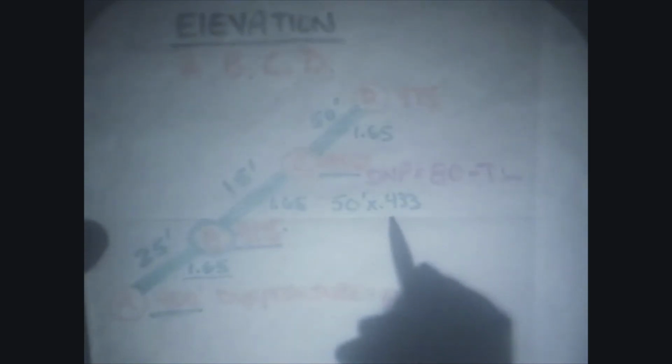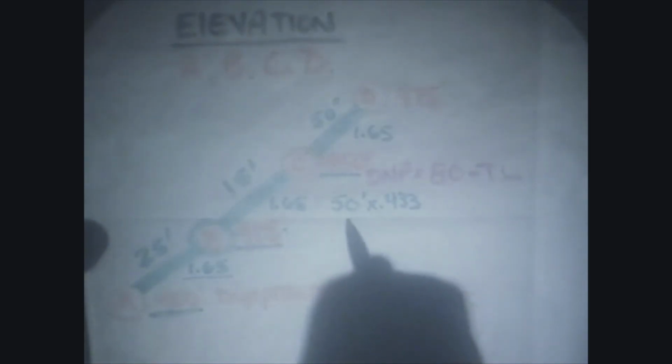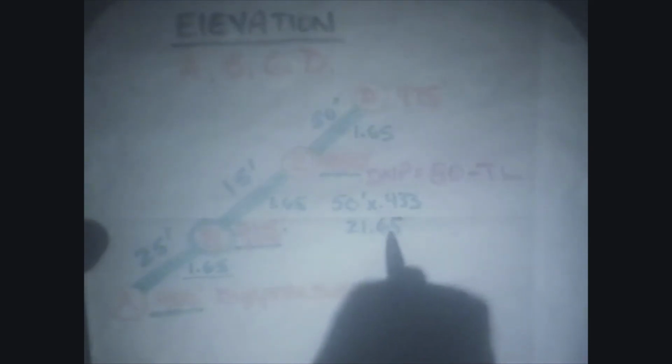So we have 50 foot of elevation difference. We'll multiply that times our 0.433, which gives us a total pressure loss of 21.65. And once again, that's the elevation pressure loss from a 400 foot elevation to a 450 foot elevation.